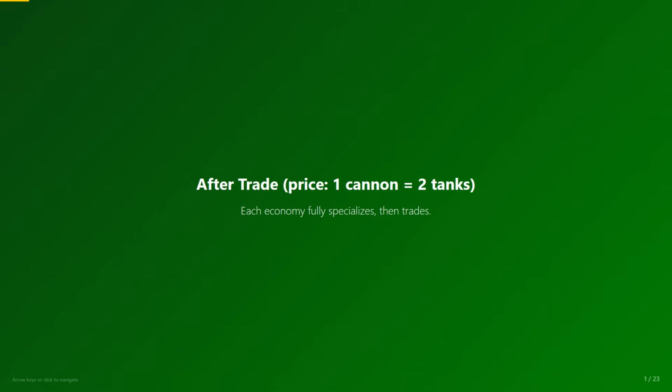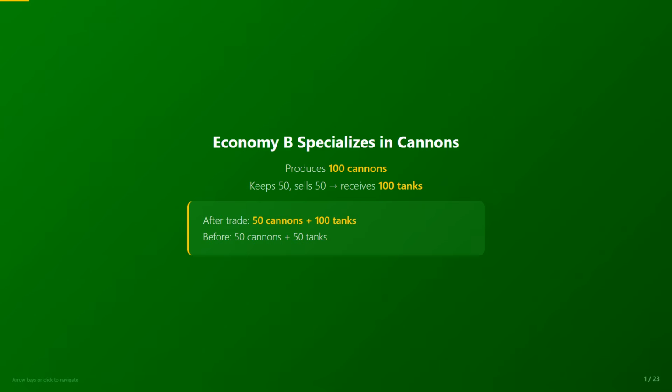As you recall, economy A has a comparative advantage in tanks, and economy B has a comparative advantage in cannons. Now, suppose they decide to trade, and we set the price of 1 cannon equal to 2 tanks. What happens? Economy B, which has a comparative advantage in cannons, will produce only cannons.